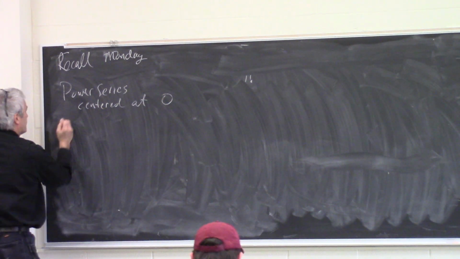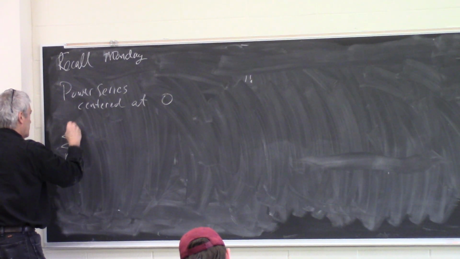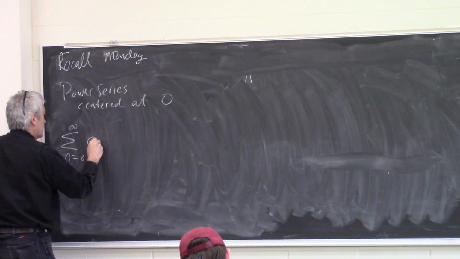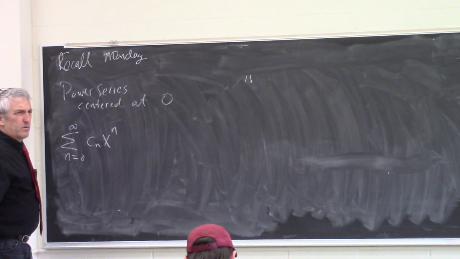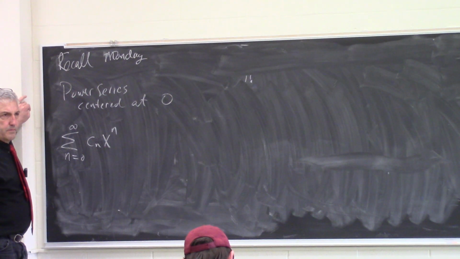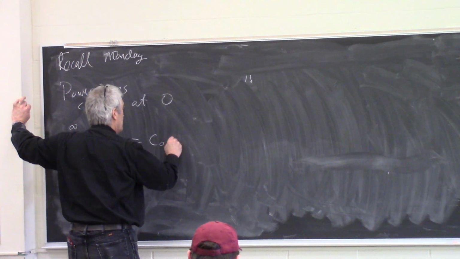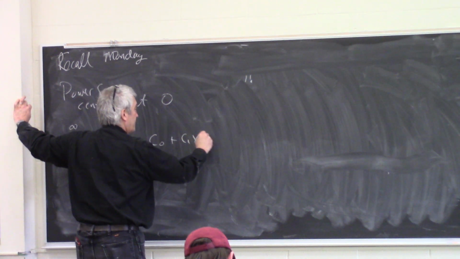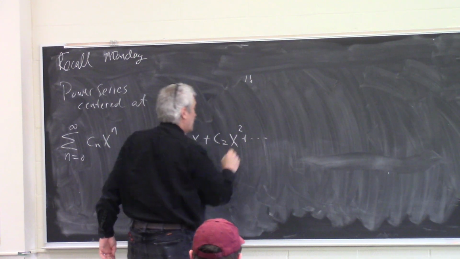All of our examples looked like this. And I think you, in your recitation, also had power series that look like this. So this is C0 plus C1x plus C2x squared, and so forth.